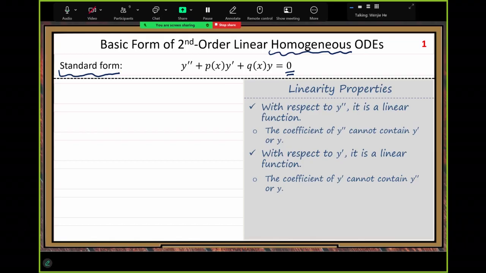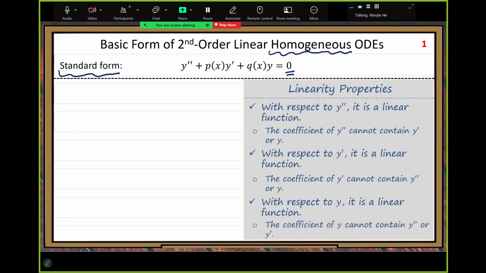Then the third one: with respect to y, it is a linear function. The coefficient cannot contain y, y double prime, or y prime. If these three requirements are satisfied, then we make sure the right-hand side is 0.